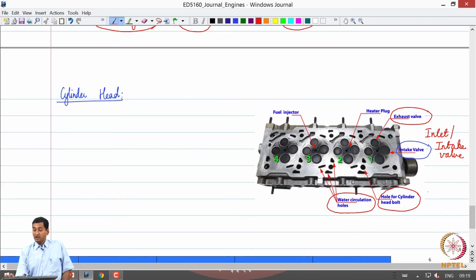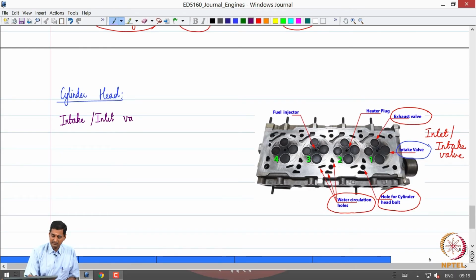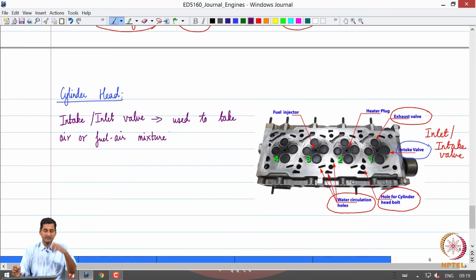Okay. So, what is the function of this intake valve? The intake valve or the inlet valve is used to take air or fuel air mixture depending on the type of the engine. We will discuss these aspects shortly when we go to what is called mixture preparation and charging of engines and so on.